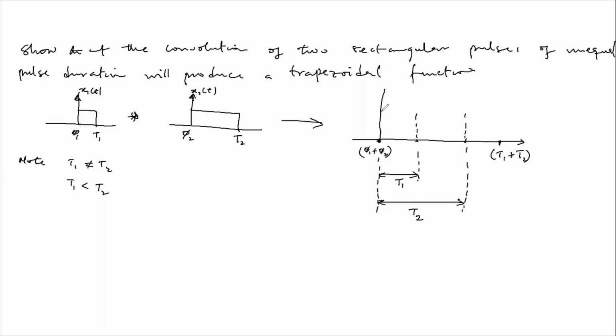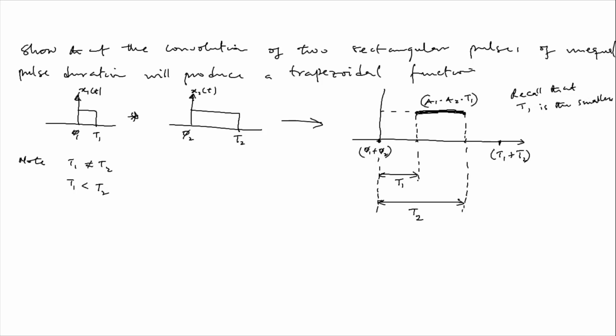And then the amplitude value, which is somewhere between this point and this point, is going to be A1 times A2 times T1. Recall that T1 is the smaller duration.